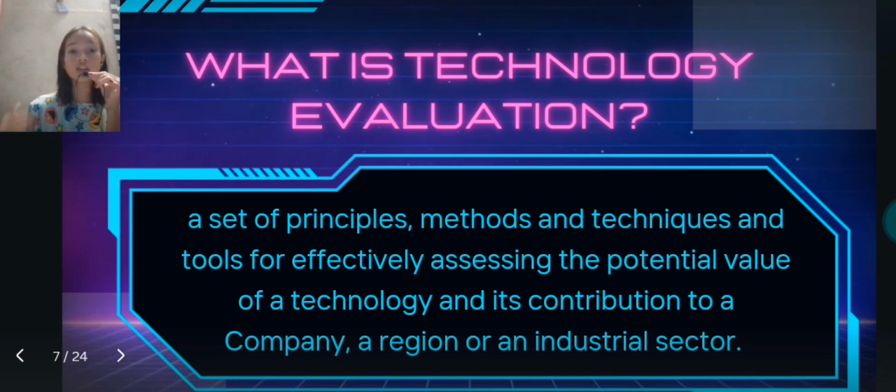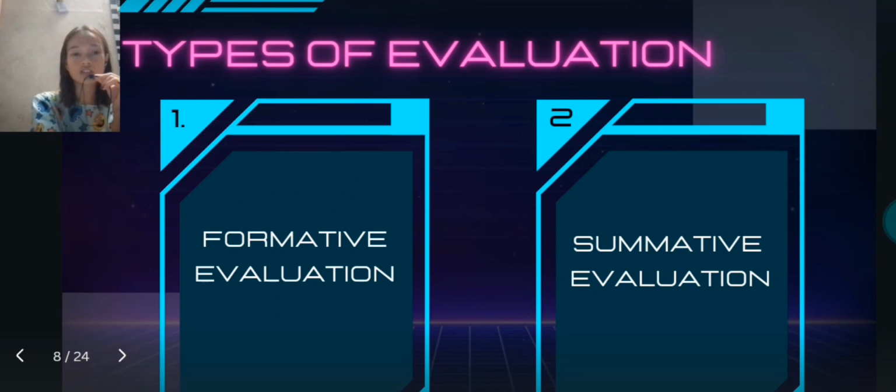In education, it examines learning outcomes and addresses problems during technology use. It offers insights into technology initiatives and aids decision-making processes. So there are lots of benefits of technology evaluation according to those researchers or specialists.